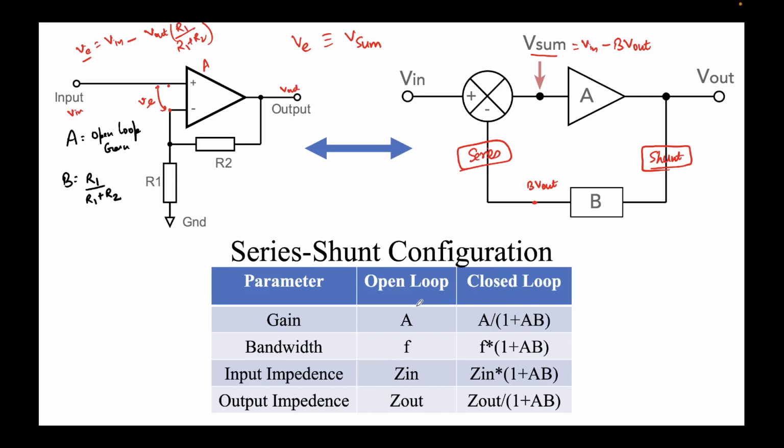Typically the open loop gain is 10 to the power 5 that we encounter. However, in closed loop, the gain is heavily reduced by the 1 plus AB factor. However, the bandwidth increases by a factor of 1 plus AB. Remember a golden rule for operation: for a given amplifier, gain into bandwidth equals a constant.